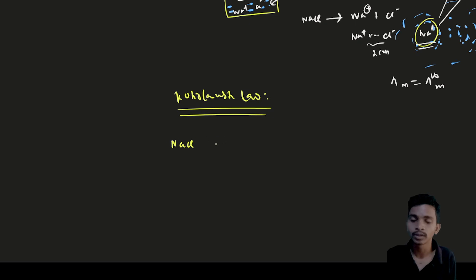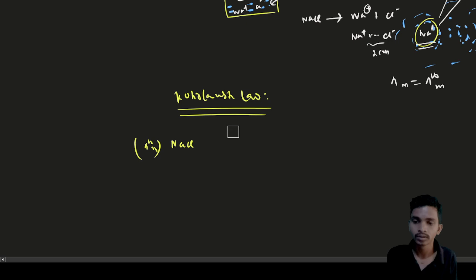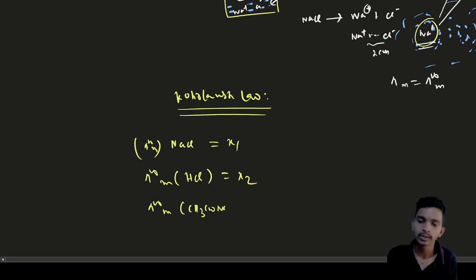Suppose you have NaCl, and you know the molar infinity value of NaCl, let's say x1, and the molar infinity value of HCl we know, let's say x2, and the molar infinity value of CH3COONa we know, let's say x3.